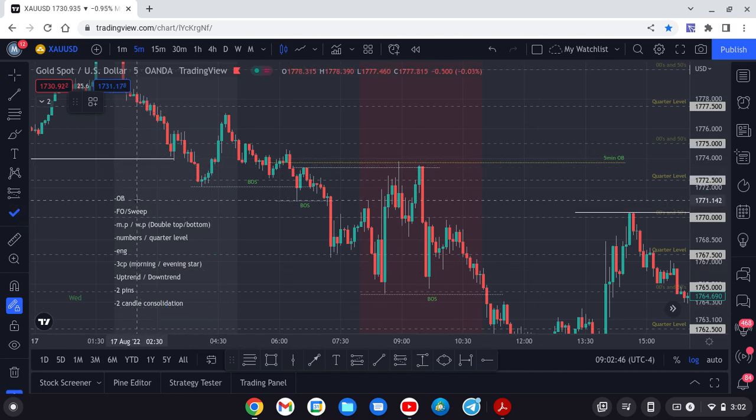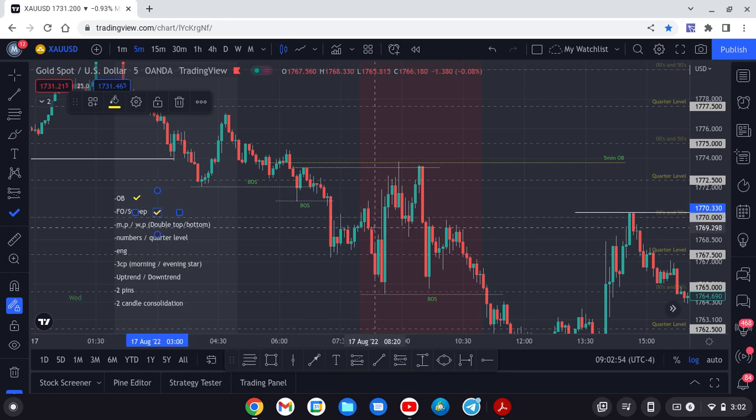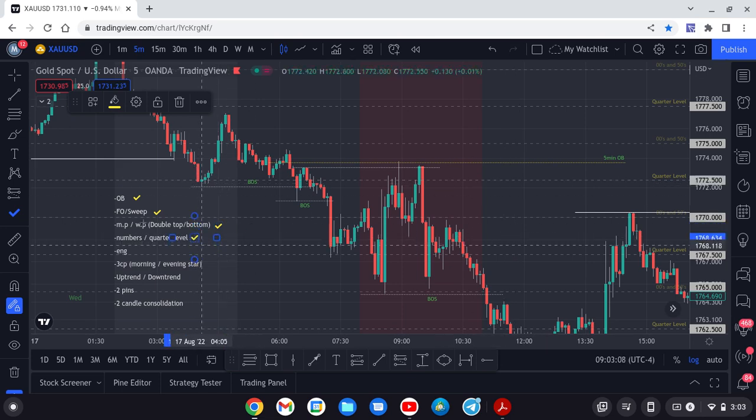That is the first confirmation. We have price doing a sweep of this resistance level. That's our second confirmation. And every time we see a sweep or a fake out, it's an M pattern or a double top. Now you can see this wick right here is rejecting the quarter level. That is our fourth confirmation.